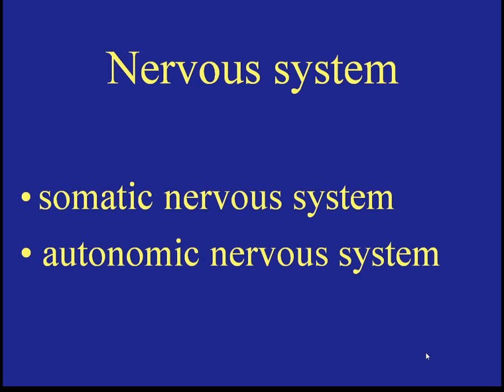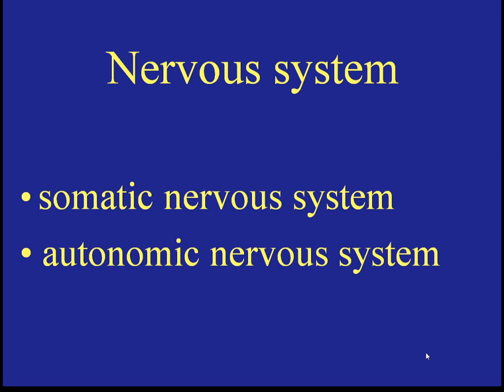According to these main functions, we can divide our nervous system into two big parts. The first one is somatic nervous system. And somatic nervous system is responsible for the first function, interaction of our organism with surrounding environment.